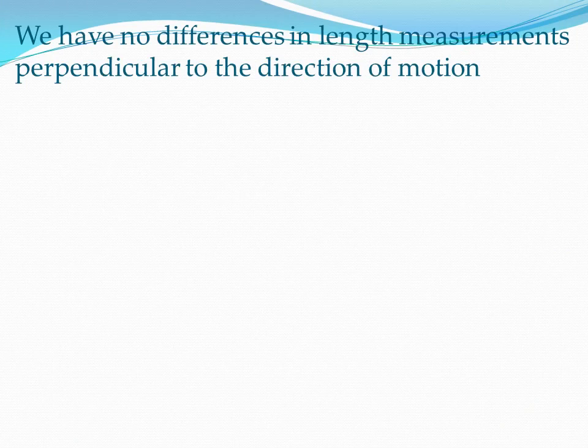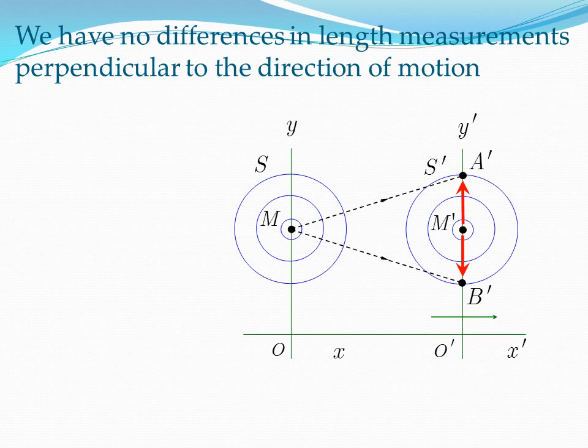To complete our analysis, we will now prove that there is no disagreement in synchronizations perpendicular to the direction of motion and, as a consequence, no differences in length measurements perpendicular to the direction of motion. Let's consider two frames of reference S and S' traveling along the common x-axis.